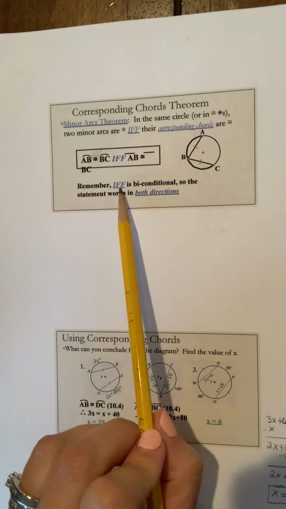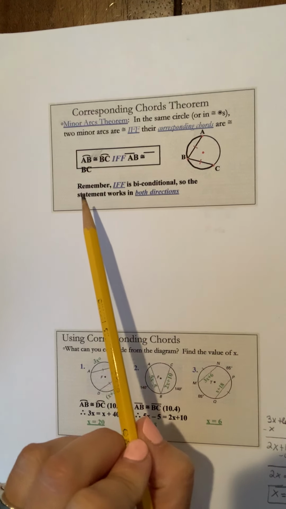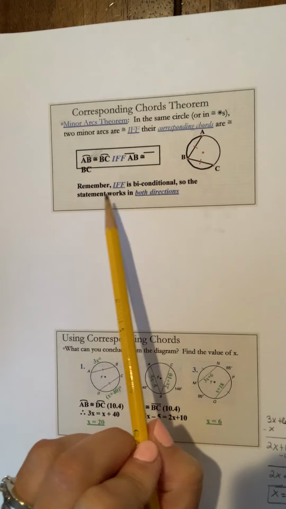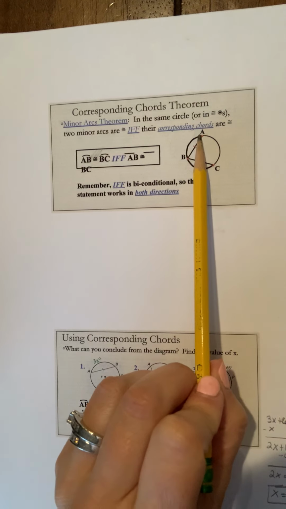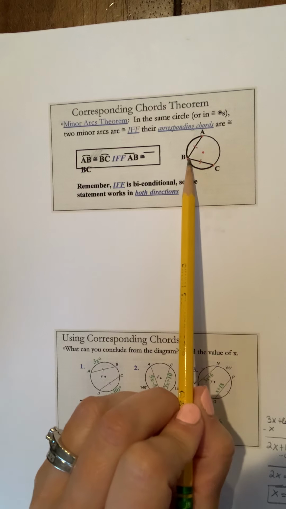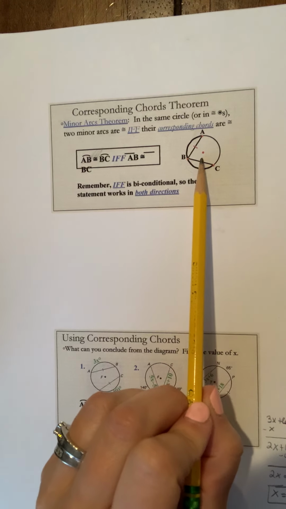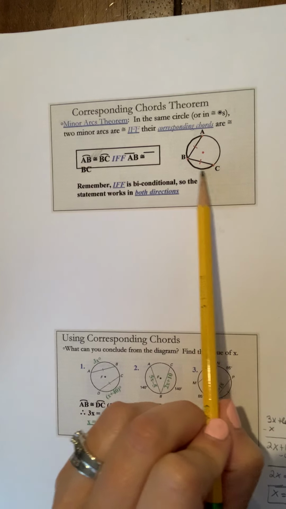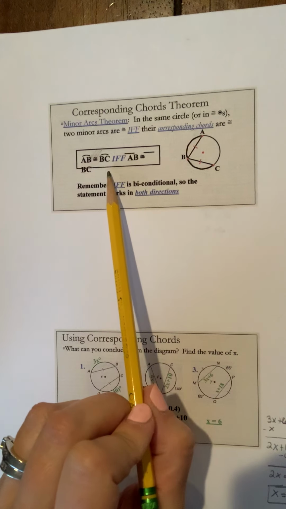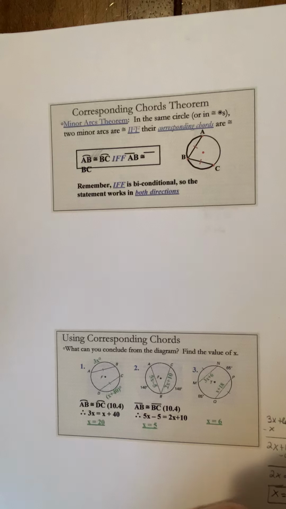And it works both ways. When I say if and only if, that means I can also flip the direction and say if arc AB is congruent to arc BC, then the 2 chords are congruent. So it can go both ways. So you need to draw this visual and then write this down. This is the explanation that you need to see.